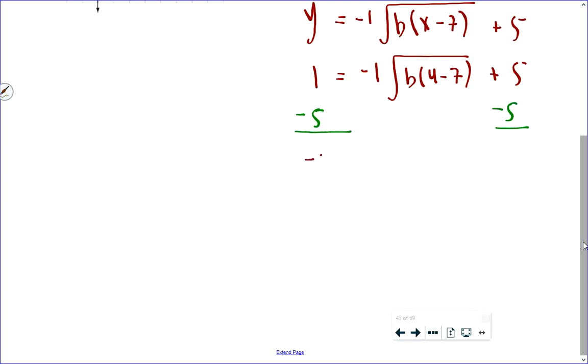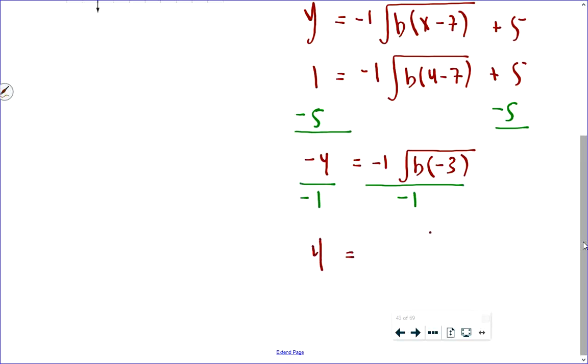I end up with negative 4 equals negative 1 root b times negative 3. 4 minus 7 is negative 3. I'm going to divide both sides by negative 1. And again, I'm showing all these little steps, but I don't really think I need to. And I get 4 equals root of negative 3b.